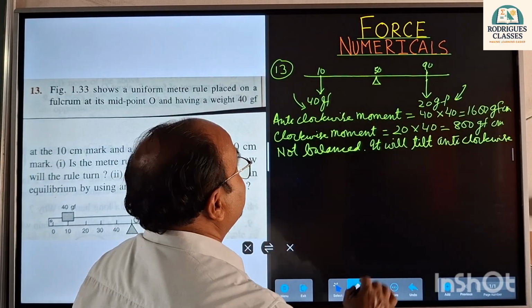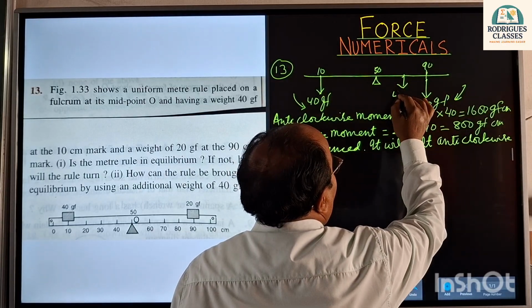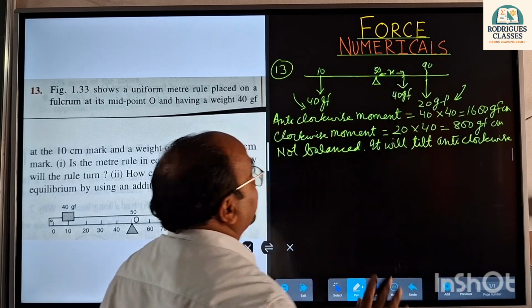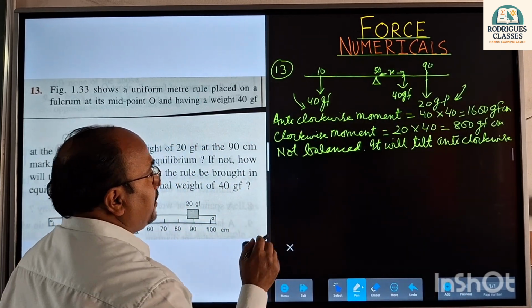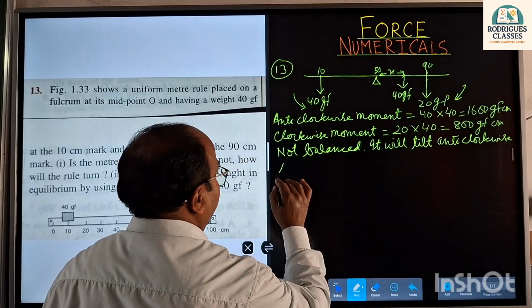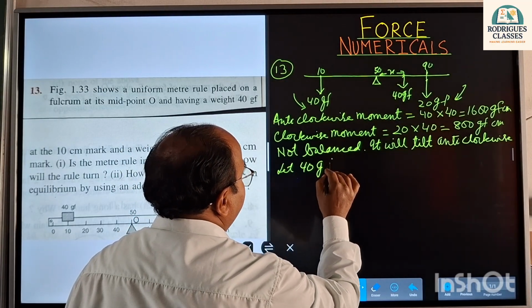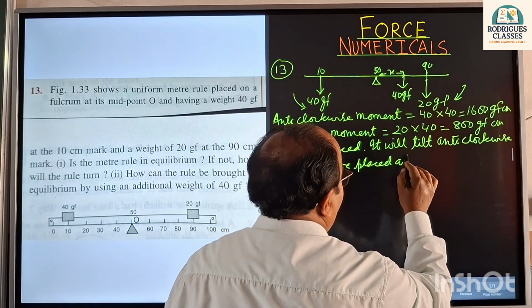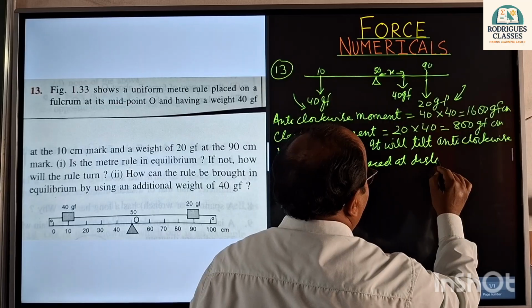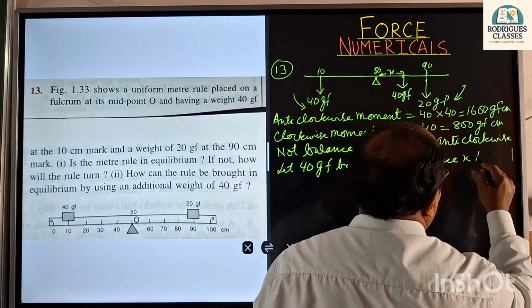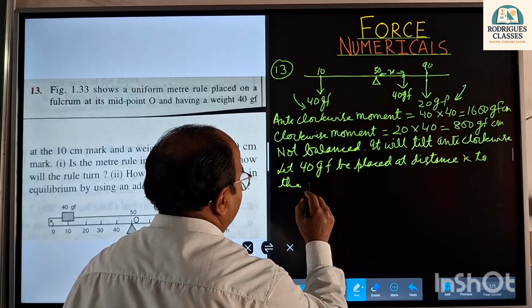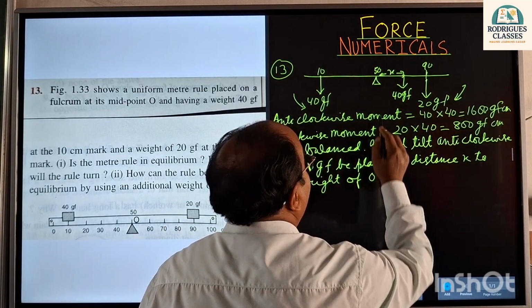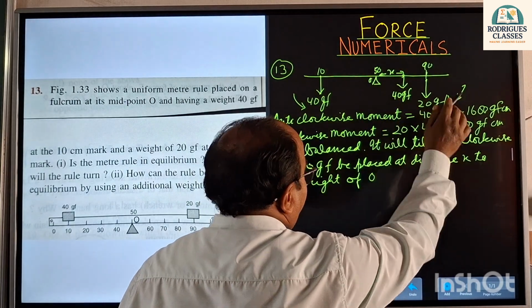So I will take this 40 GF to be placed somewhere over here, at a distance X. So let 40 GF be placed at distance X to the right of O. So remember, this is our O point. Okay, so right of O.